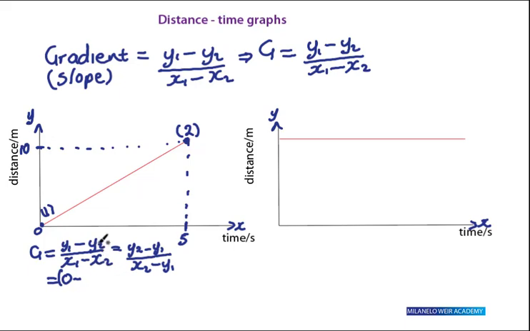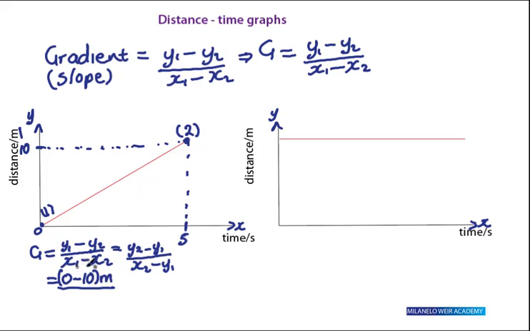What is the value of y at point 2? Here is point 2. The value of y is 10. And what are the units on the y-axis? This is m, meters.